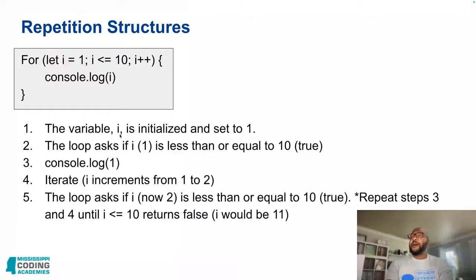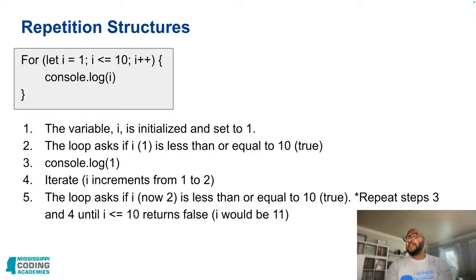So the variable i is initialized and set to 1. The loop asks if i, which is 1, is less than or equal to 10. And that's true. So then we're going to console.log 1. And then we're going to iterate, which means i increments from 1 to 2.